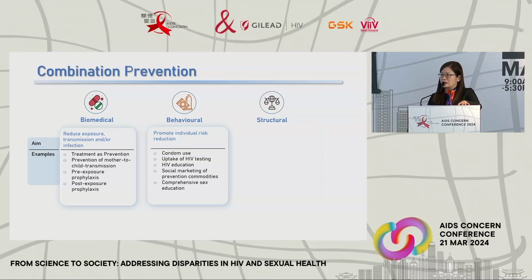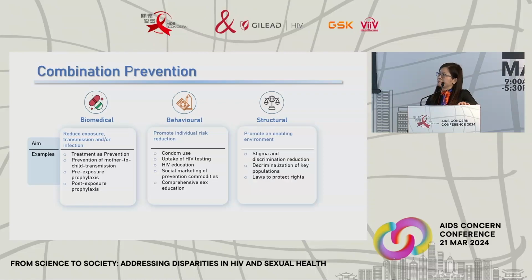It also includes the behavioral approach, to promote individual risk reduction, including traditional condom use, uptake of HIV testing, education, and social marketing, especially for the youth. Going beyond is the structural, to address and minimize barriers, eliminate stigma, and promote an embracing environment.